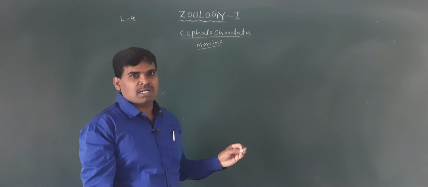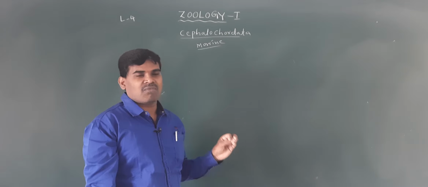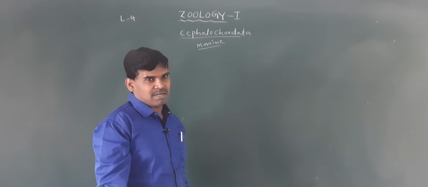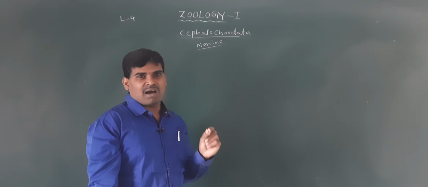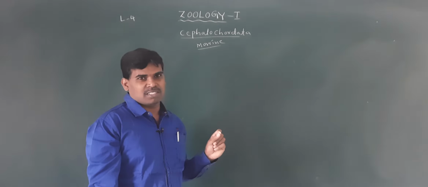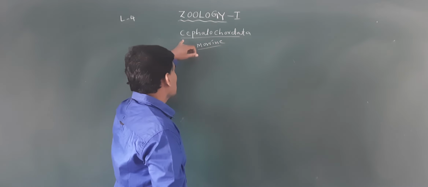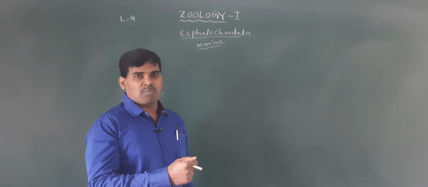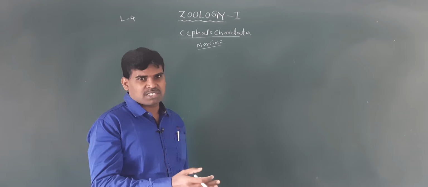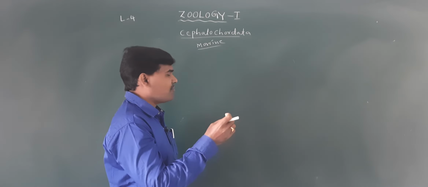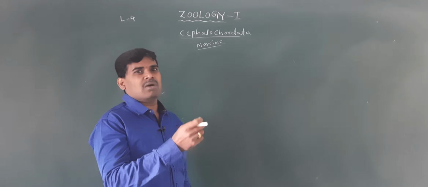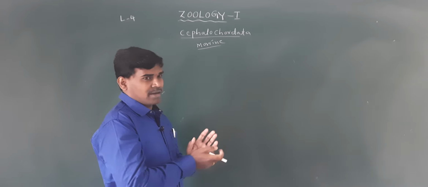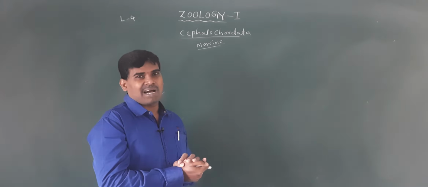Cephalochordata animals are filter feeders. Filter feeding means the water always enters the body, and only purified, non-toxic water is allowed in by the velar organs.